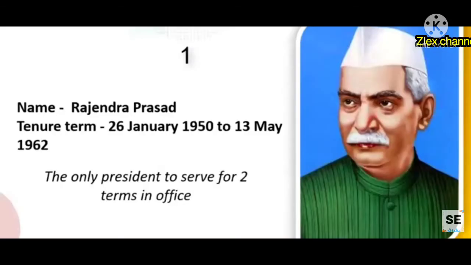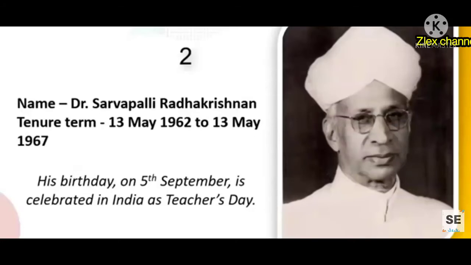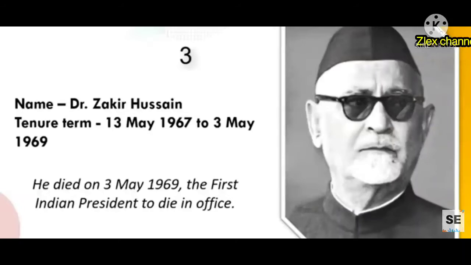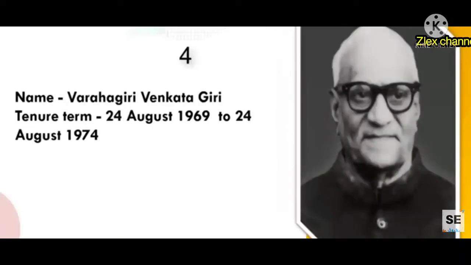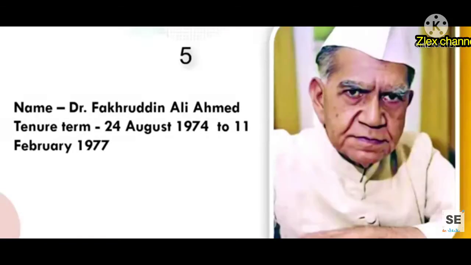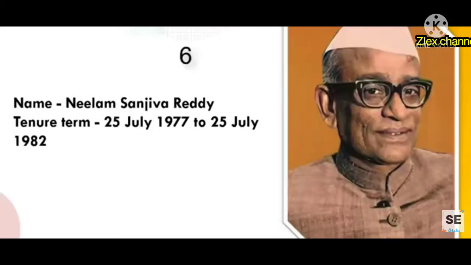Now, let's study the list of the Presidents of India from the beginning. First, Dr. Rajendra Prasad. Second, Dr. S. Radhakrishnan. Third, Dr. Zakir Hussain. Fourth, Varahagiri Venkatagiri. Fifth, Dr. Fakhruddin Ali Ahmed. Sixth, Neelam Sanjeeva Reddy.